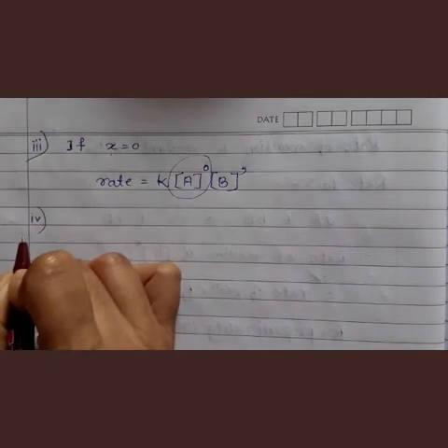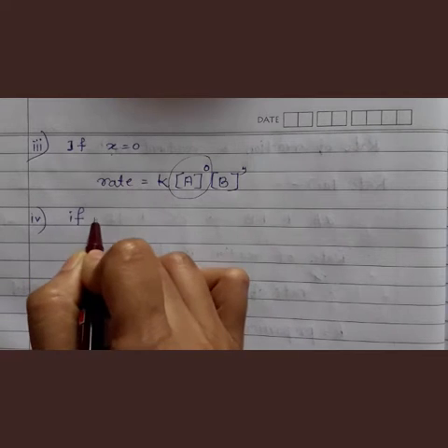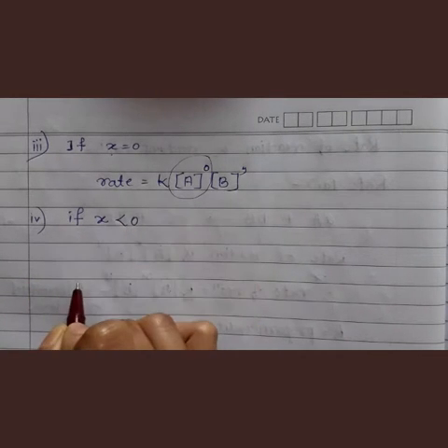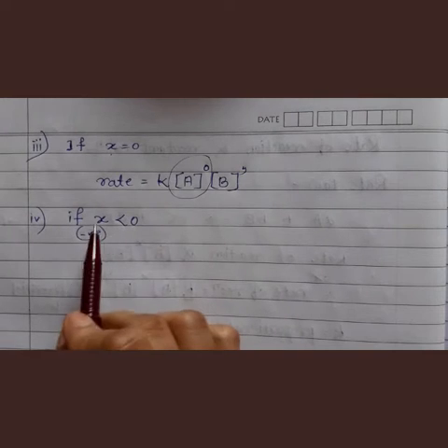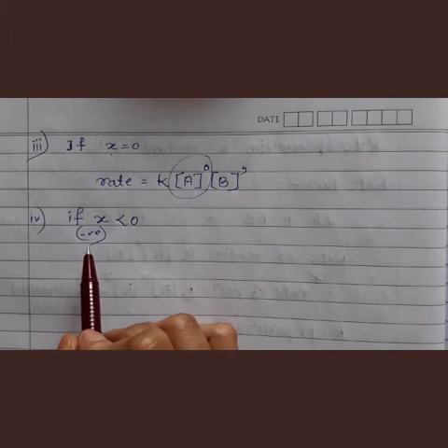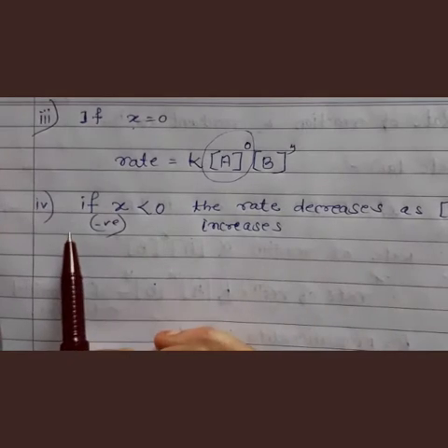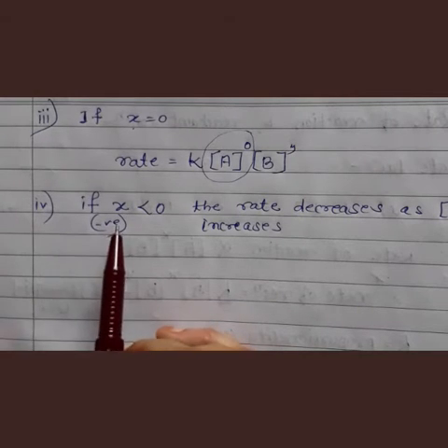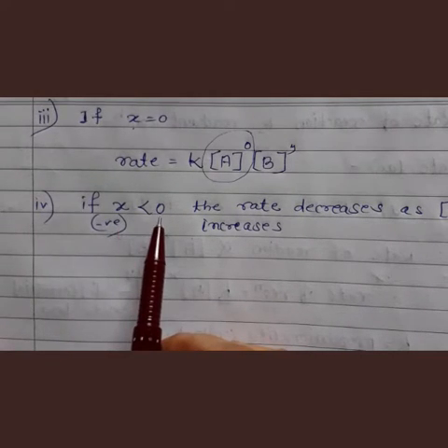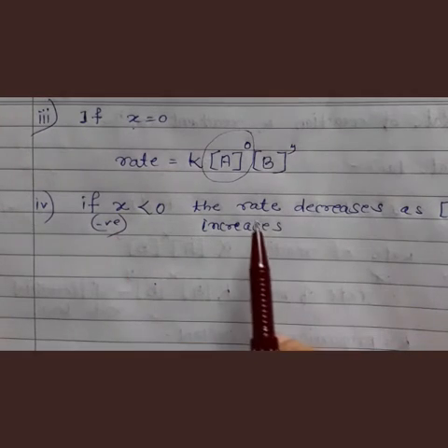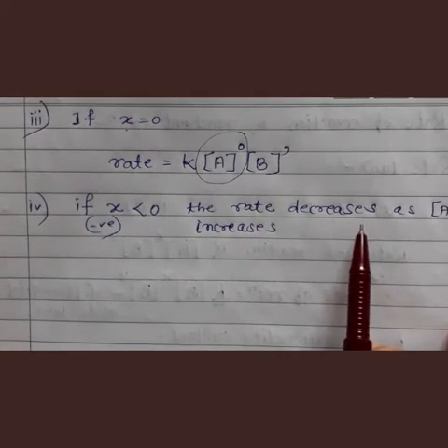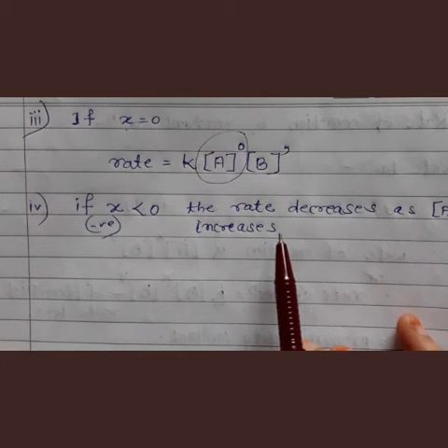Now case 4 is if x is smaller than 0, that means it has a negative value. Okay, when x is negative, this is case number 4. If x is smaller than 0, that means the value of x is negative. Okay, in that case the rate decreases as the concentration of A increases.